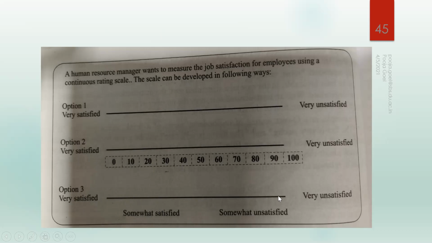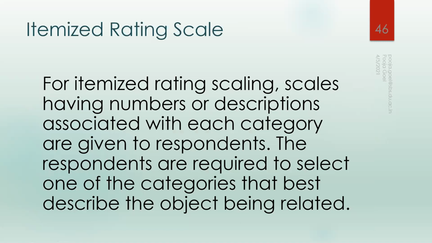Or if someone puts it here or here, for me, he is very unsatisfied, but this is somewhat unsatisfied, and this is neutral. So it's all the researcher's judgment, or the researcher's prerogative, how to take things forward.